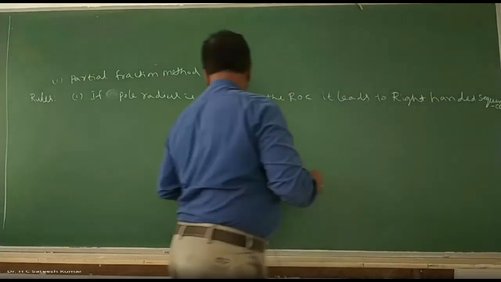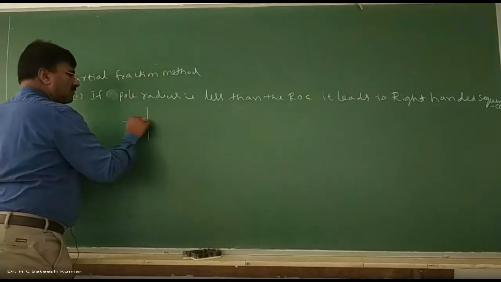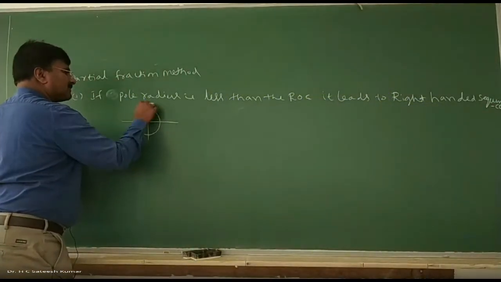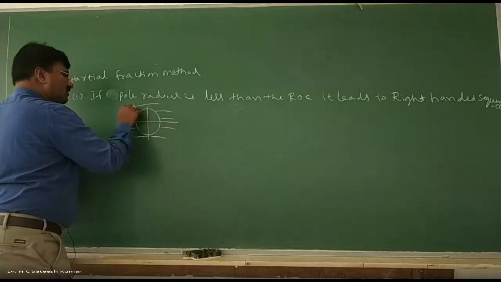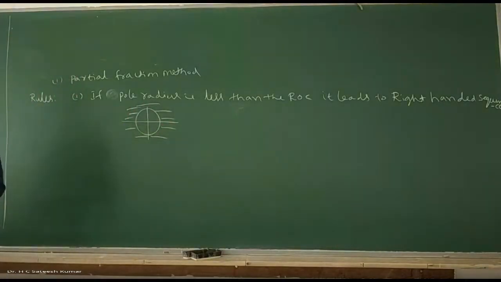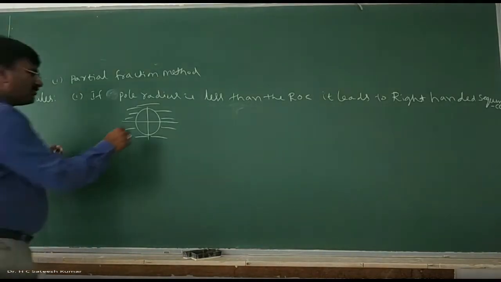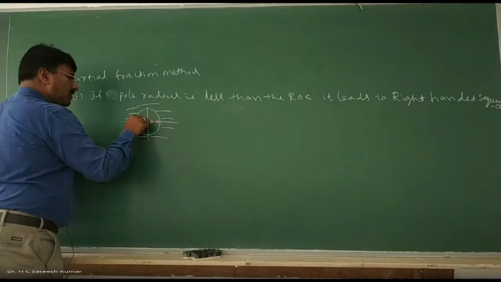What is the meaning of this? For example, let us say the ROC is like this, and the poles are inside. The poles may be here, or maybe here.